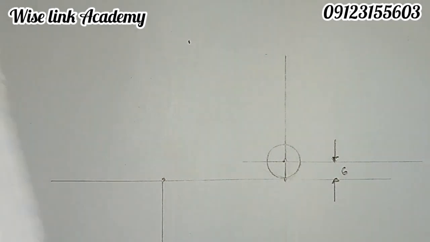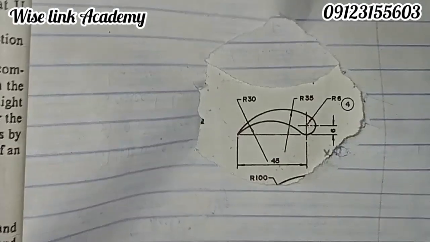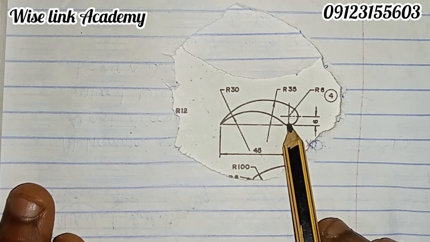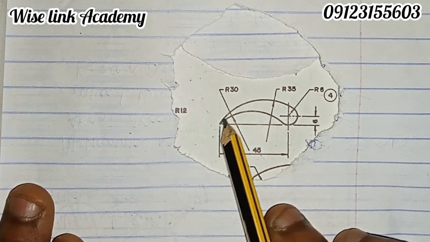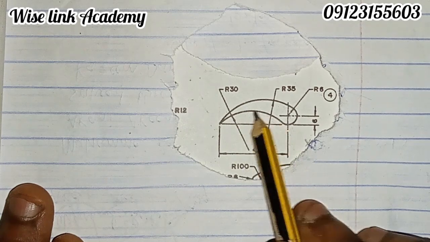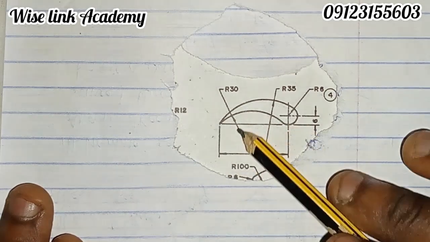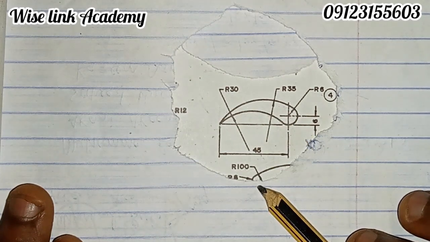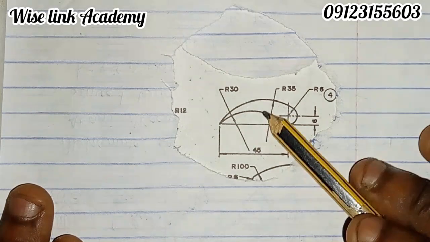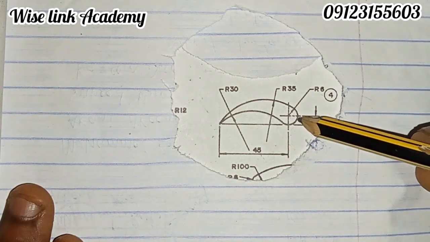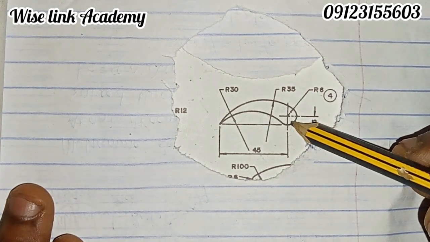Let's proceed. What do we observe after that? He said there's an arc. You can see an arc here. You need to fill this arc, isn't it? Whenever you want to fill, you add, isn't it? We're going to be adding this radius.